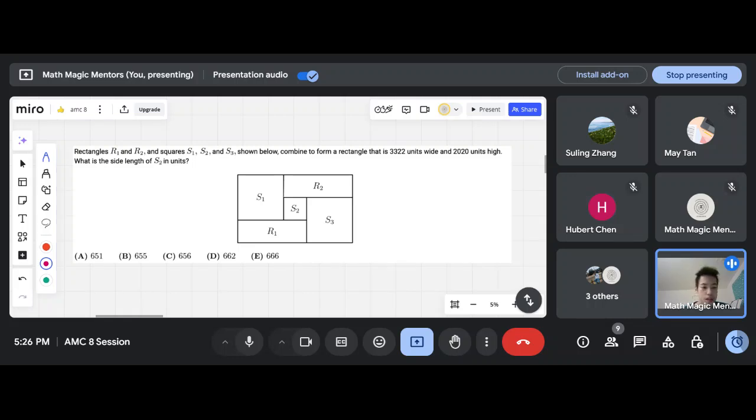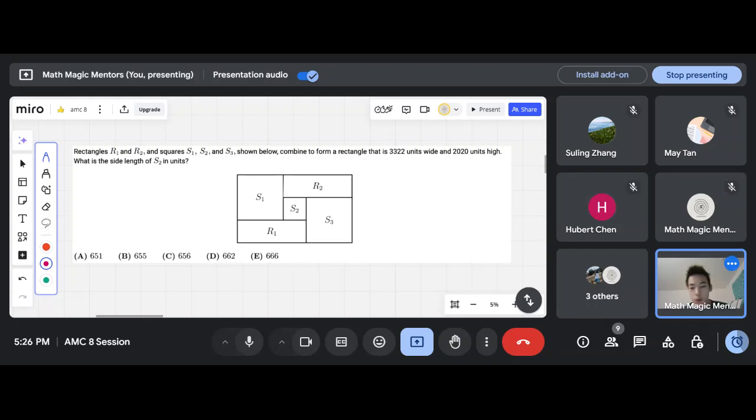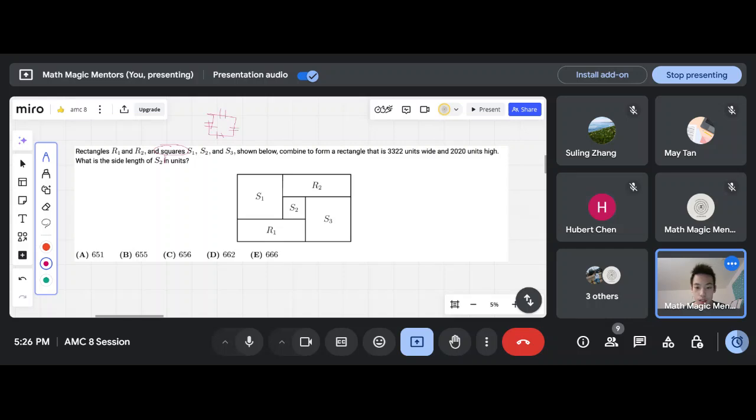I'm just going to walk you through how I'm going to think about this problem, and we'll see where we go from here. One thing that's interesting is that we have squares, and when I think of squares, I think of equal side lengths, because all the side lengths are equal, and that's something really nice about squares that we can possibly exploit.